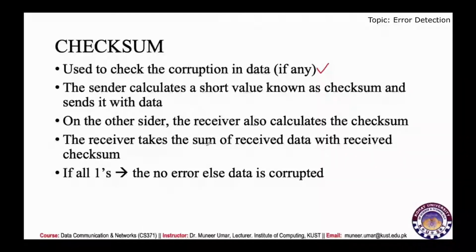The receiver takes the sum of the received data with received checksum, and if the receiver at the end gets ones for the entire result, then there would be no error, else there would be some sort of error in the data, and we will say that the received data is corrupted.